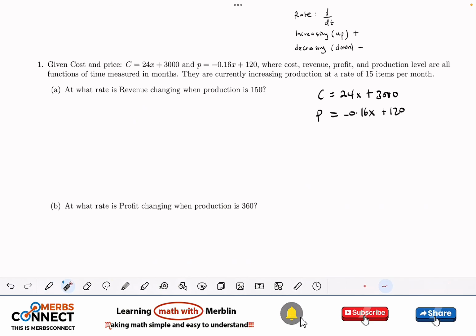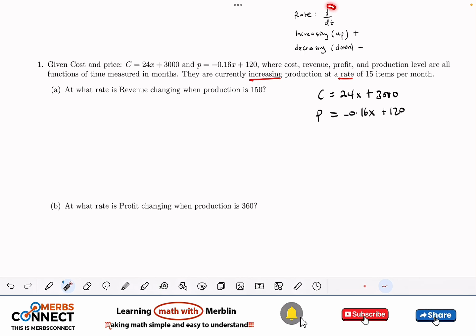Now, cost, revenue, and price are all functions measured in months, and they are currently increasing production at a rate. Some of the words that we need to notice are increasing and rate.